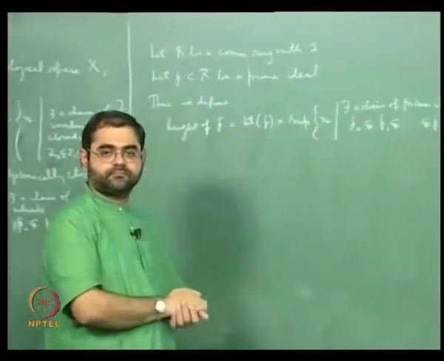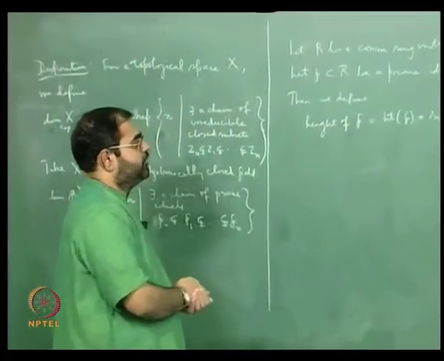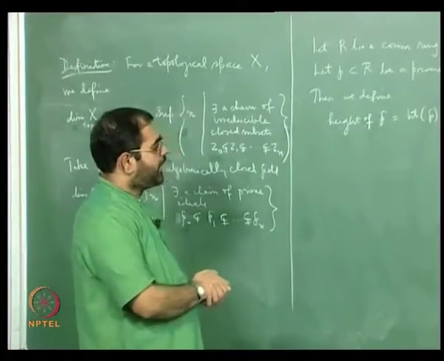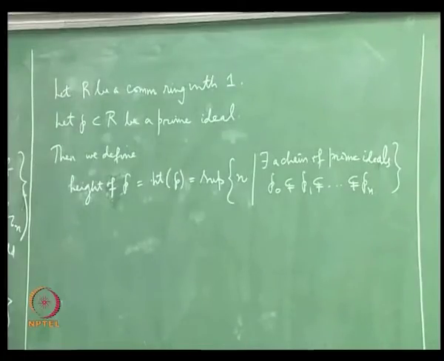We define the height of a prime ideal like this, with of course Pn equal to P.